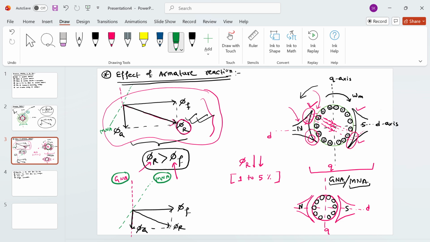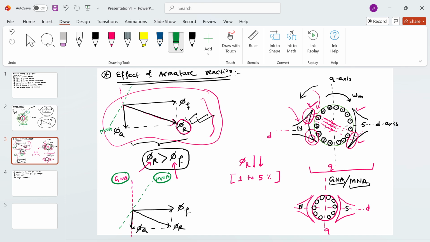So there will be a shift, and because of this shift you will get another phenomenon called delayed commutation. We will discuss what delayed commutation is because of the MNA shift, and its effect on the commutation process.